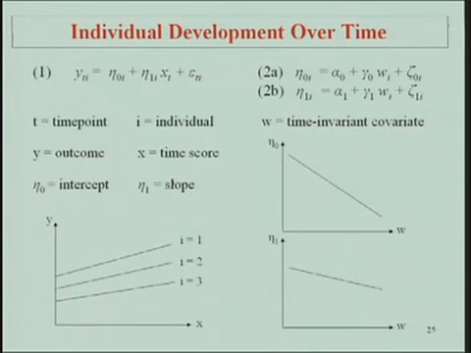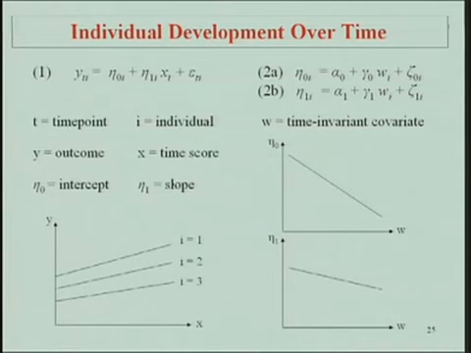We regress y on x. So we have the dependent variable and the independent variable x, or covariate x. X is a time-related variable. It could be age, for instance, or grade. And then we have a residual, which we're going to call epsilon. Epsilon is just a residual.